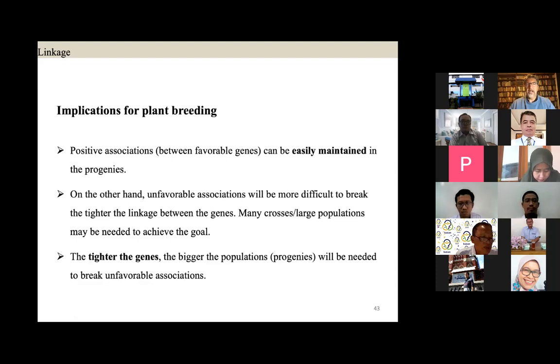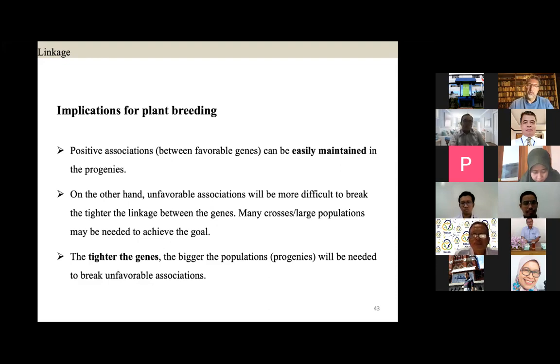On the other hand, when you have unfavorable associations, that's tricky. You have one favorable gene and a linkage drag, some gene that comes along that's not so good, not desirable, then you have to break this association between these genes.